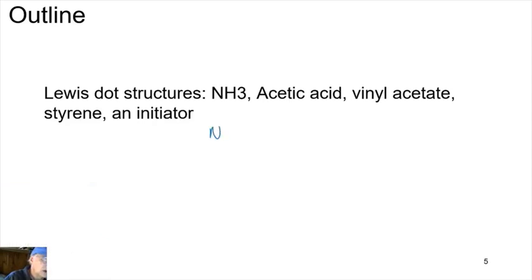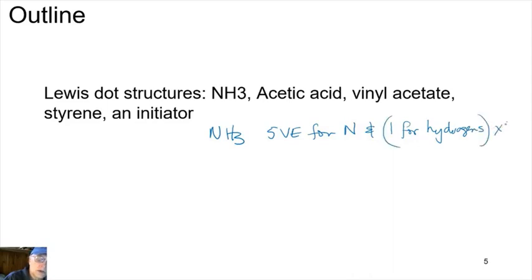So NH3. Remember Lewis dot structures, you count the number of valence electrons. So it's 5 valence electrons for nitrogen and 1 for hydrogens, times 3.